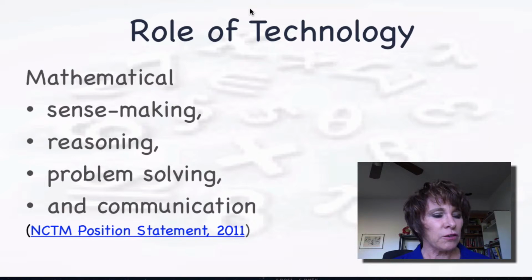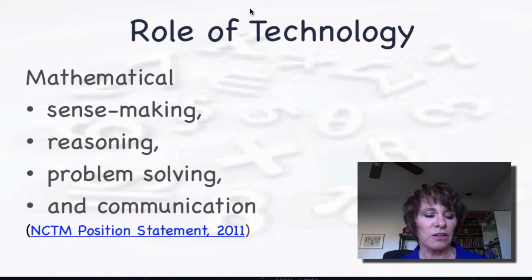Technology in Teaching and Learning Mathematics was rewritten in 2011, and it offered some guidance about how we should be using technology. It is essential that teachers and students have regular access to technologies that support and advance mathematical sense-making, reasoning, problem-solving, and communication. Effective teachers optimize the potential of technology to develop students' understanding, stimulate their interest, and increase their proficiency in mathematics.